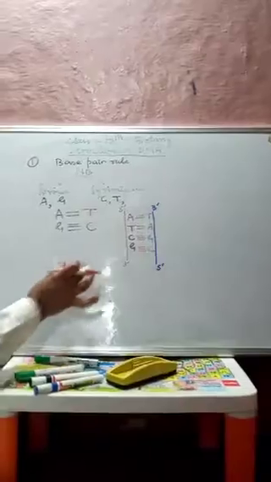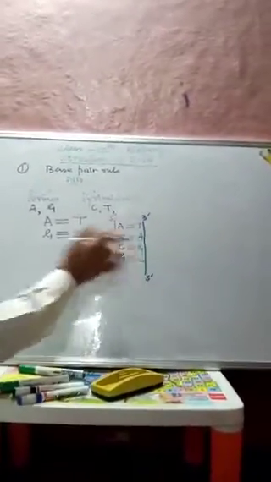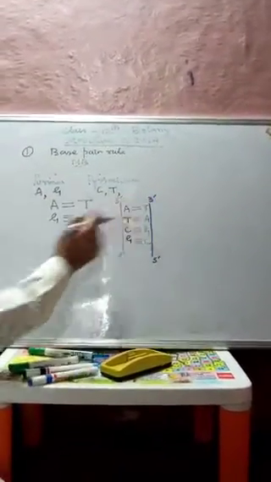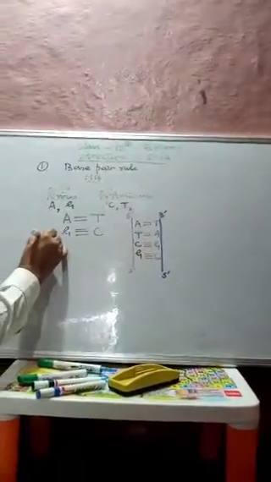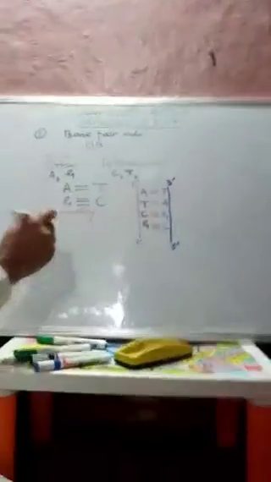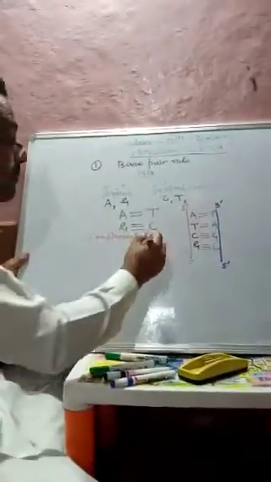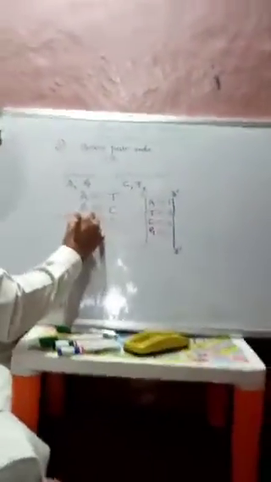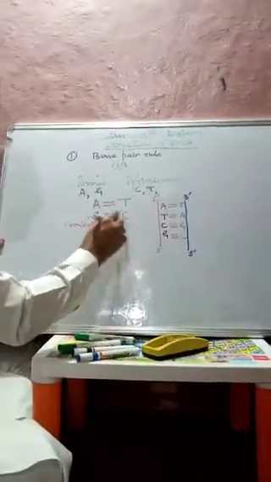Now this one strand and this second strand are complementary. That means they are very much essential for each other. They are complementary to each other. What does this mean?